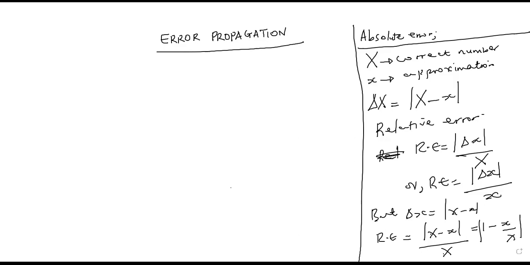When we say error propagation, it means that we want to see the operations of addition, subtraction, division and multiplication, how we treat their errors. Let's begin with the error in addition, and we propagate it and say error in addition.